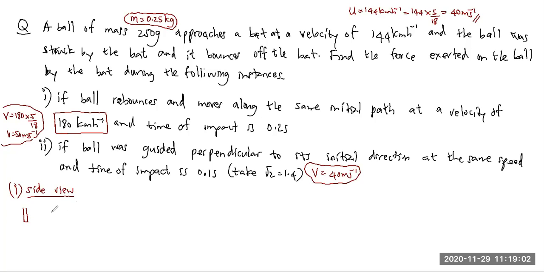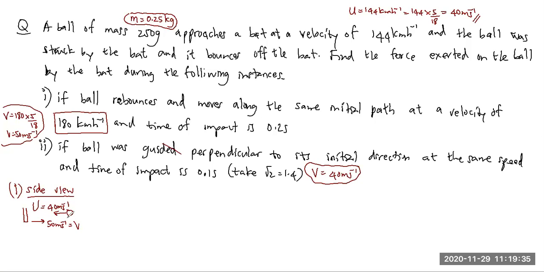Ball is approaching the bat at a velocity of 40 meters per second, and then it is bouncing off the bat at 50 meters per second, like this. This is our V, and this is U. All right, fine.